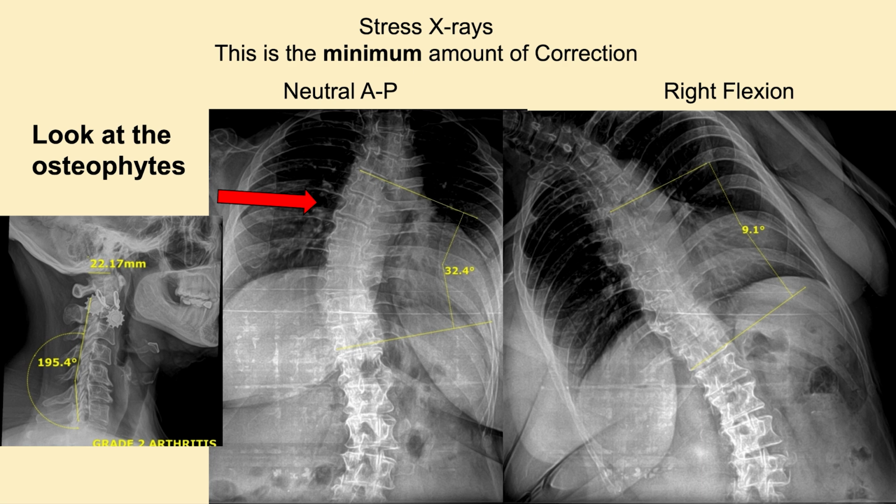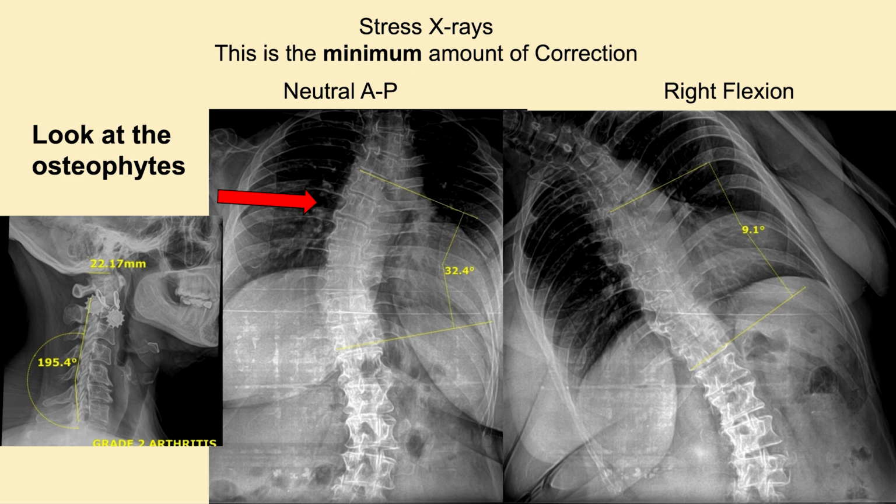Even though the disc, the ligaments, and the muscles can change over time with pressure, right now we're just seeing what that body can do. If you bend it and it doesn't change, then it's static. It's not going to regress or progress. If you do bend it and it does change, that's the minimal amount of correction possible.